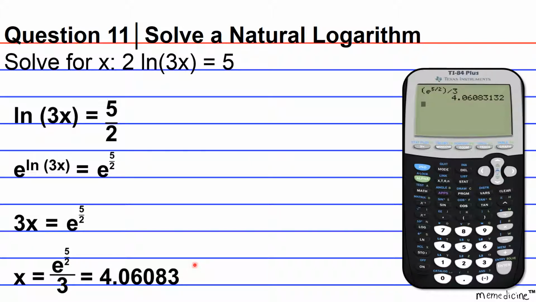Now, if you wanted to check, you could plug in this value, or I would use the exact value for x, which you can get by hitting second negative sign, second answer. Then 2 times the natural log of 3 times this answer should be approximately equivalent to 5.